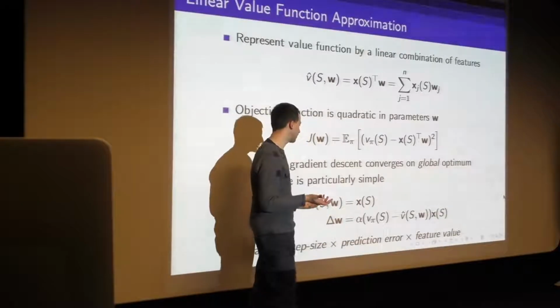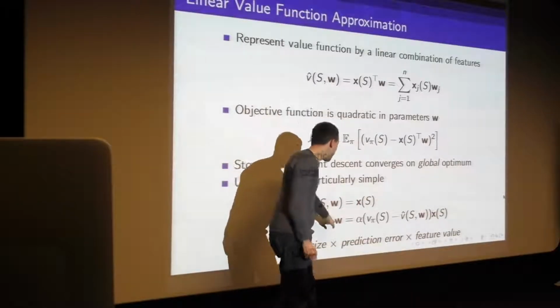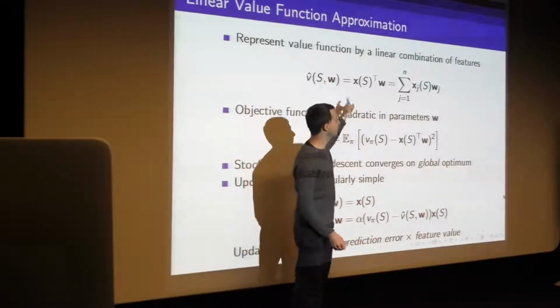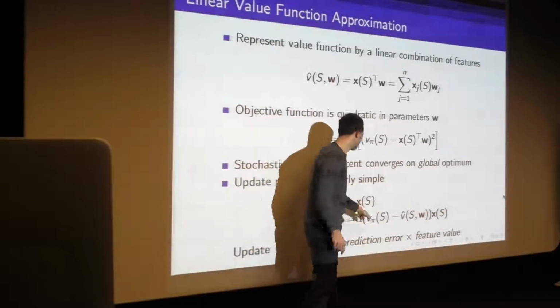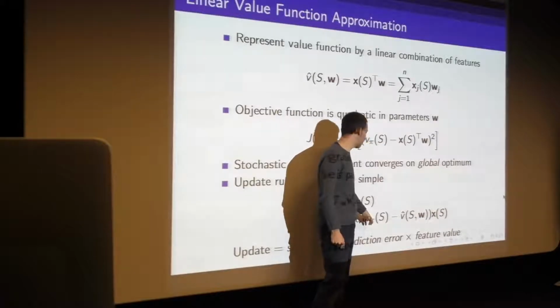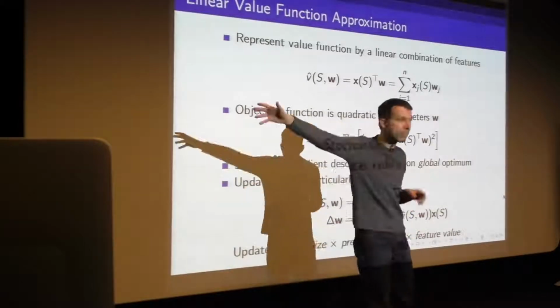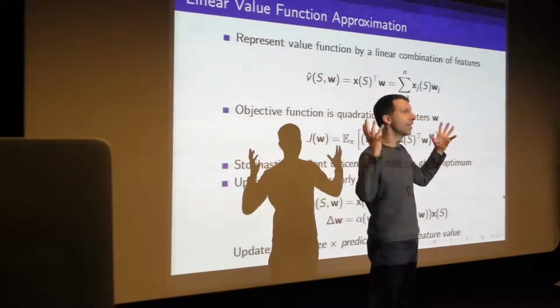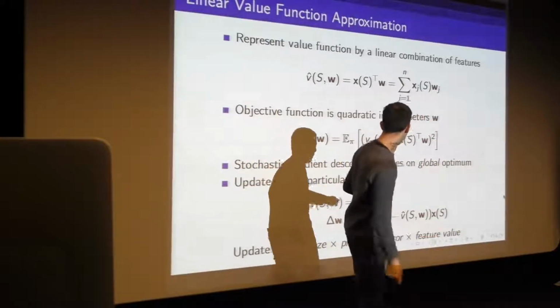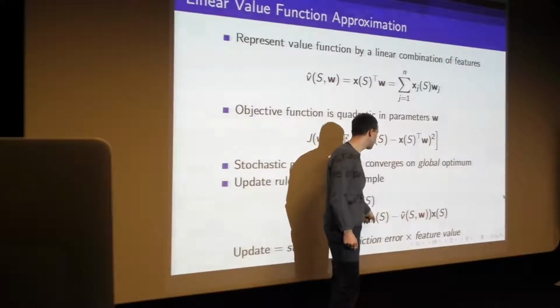And so the update rule becomes very simple, which is to say the change to w, the change to the weights of our linear combination. Again, if we're given an oracle here, we're going to look at what the oracle said the value of this state would be. So I'm over here, I look at my features, I come up with some estimate and say, okay, I think I'm going to get 6 units of reward. I'm going to see my error with what the oracle said.